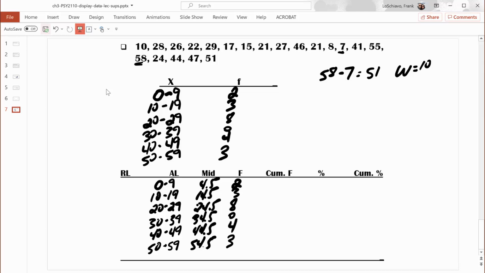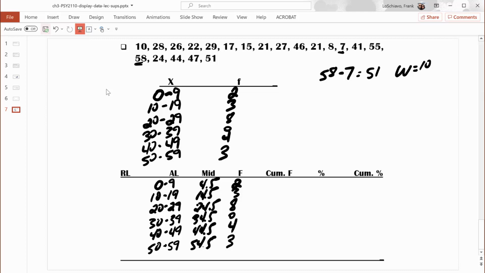Let's talk about the real limits next. They are real limits, just like the real limits we talked about previously. And keep in mind that real limits always represent the midpoint between one value and its next closest value. Here we have a somewhat odd situation where the interval begins at 0, and the real limit to the left of 0 would be on the negative side of the number line. So technically, the lower real limit is negative 0.5.